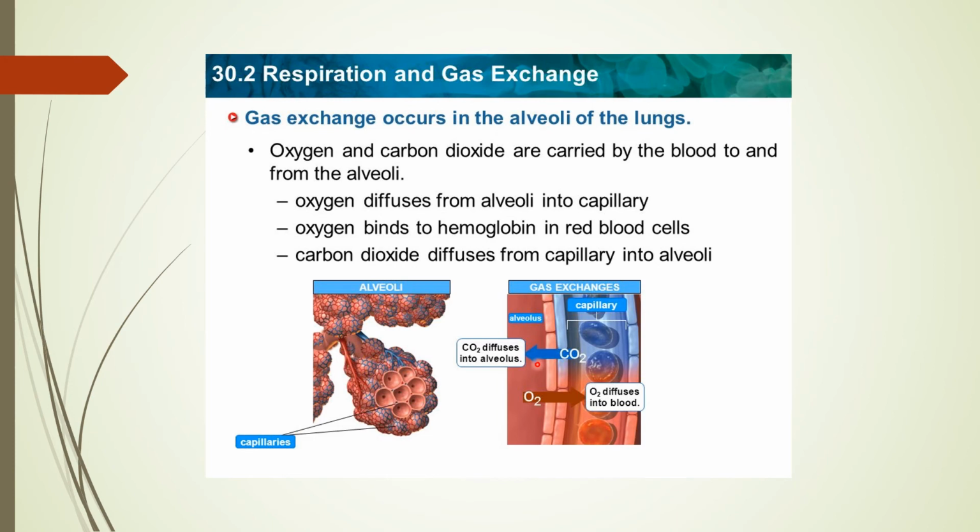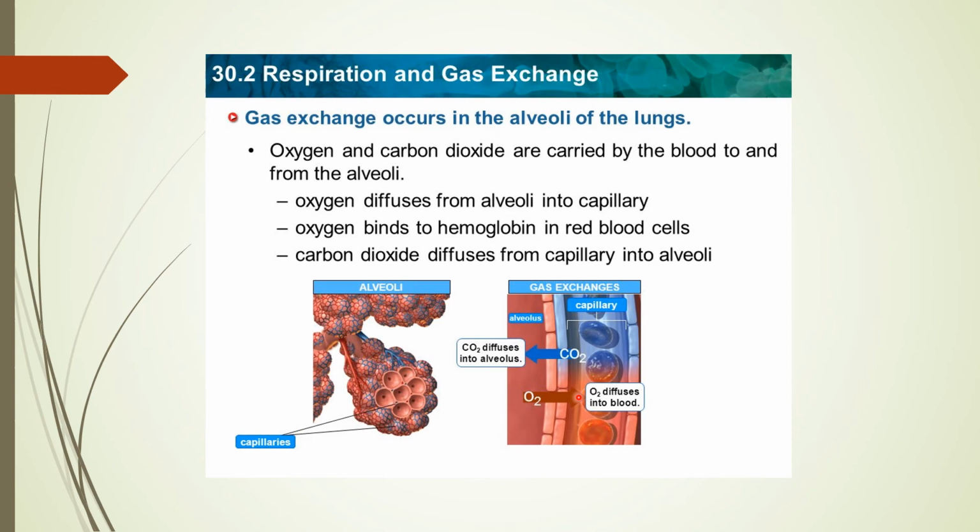So this is the exchange of gases, and actually what happens, when the oxygen comes into the blood, it is going to be combined with the respiratory pigment that we call hemoglobin. One molecule of hemoglobin can combine with four molecules of oxygen, and they make a compound that we call oxyhemoglobin.